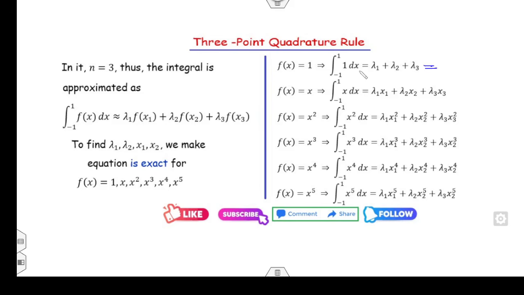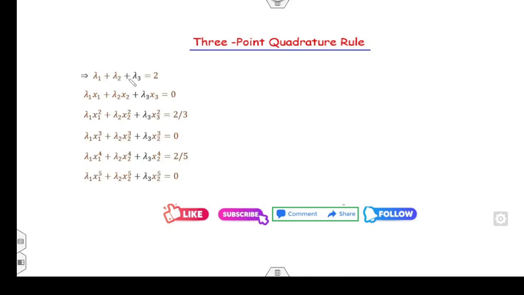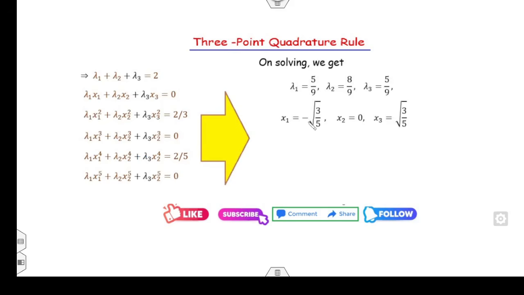Clearly, it will be 0. It is 2 equals lambda 1 plus lambda 2 plus lambda 3. The integration of 1 is 2, and so on. You can write the equation as this. Again, after solving these equations, you will get the values of lambda 1, lambda 2, lambda 3, x1, x2, and x3.